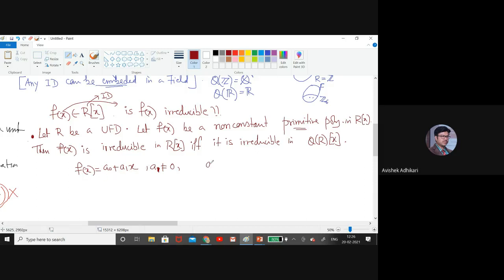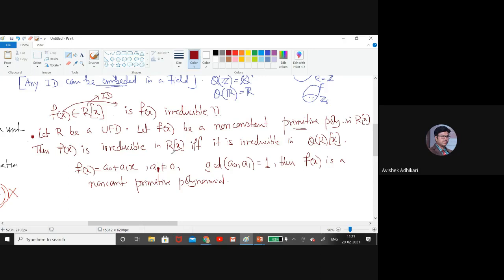And if the GCD of a0 and a1 equals 1, a unit, then f(x) is a primitive polynomial, because 1 has a multiplicative inverse, so it is a unit. So then f(x) is a non-constant primitive polynomial.